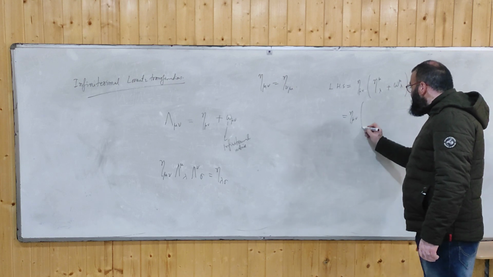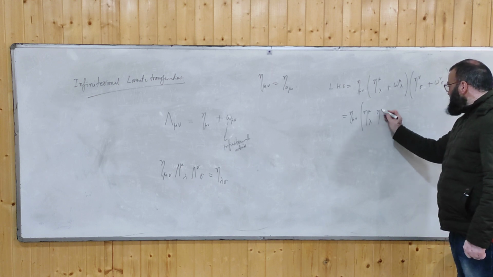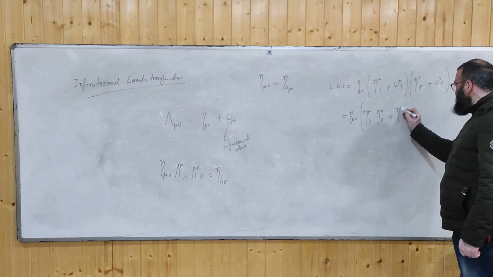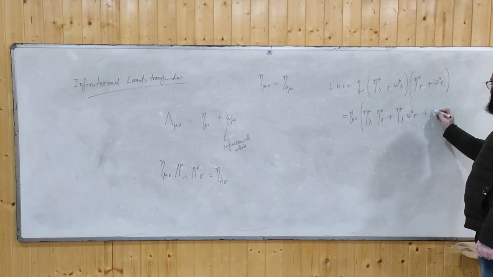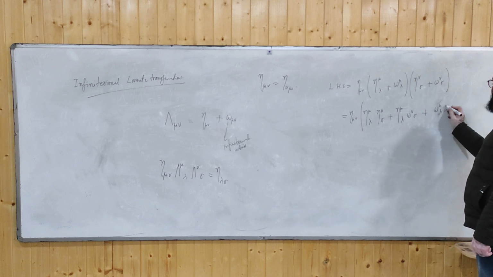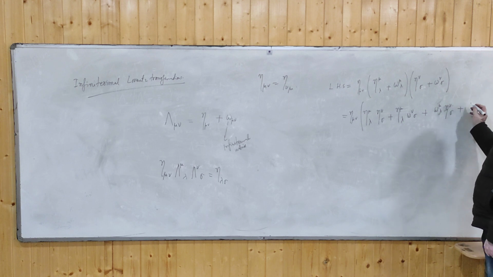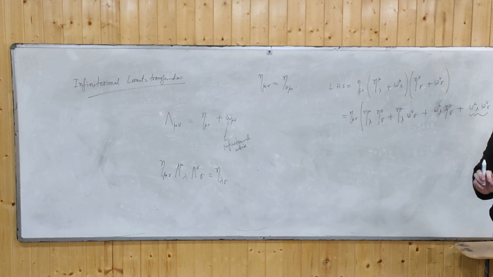Okay. So how much is that equal to? Let's multiply it. So it is eta mu nu, lambda, then eta nu sigma plus eta mu lambda omega nu sigma plus omega mu lambda, eta nu sigma, plus then you have omega mu lambda omega nu sigma. Since omega is an infinitesimal quantity, this is actually of order omega squared.